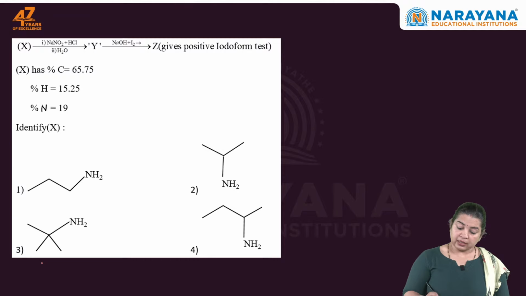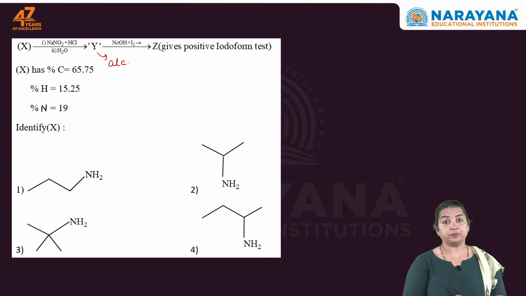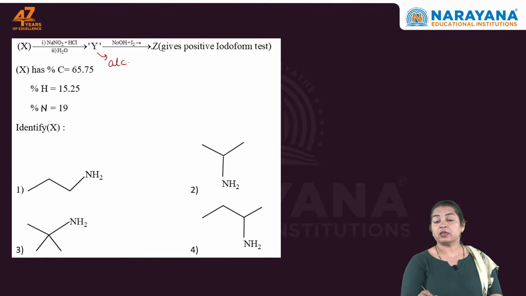Then we can say this Y has to be some alcohol. Then it says NaOH plus I2 and something Z, that is Y has given positive iodoform test. This Y is giving us positive iodoform test.